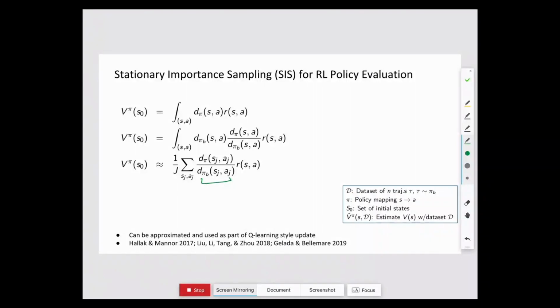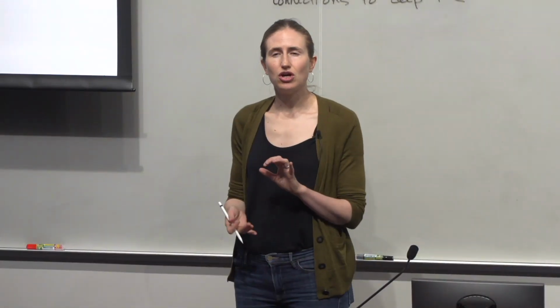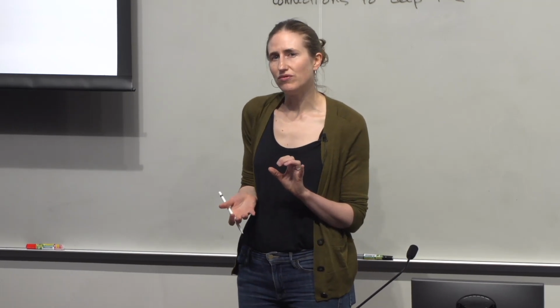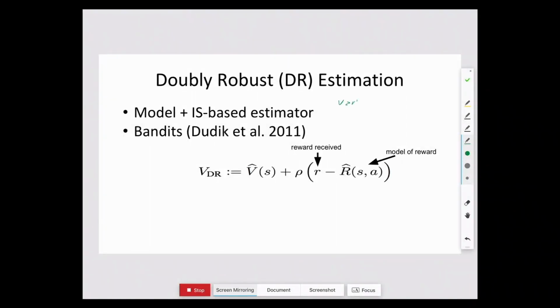So one of the other motivations for doubly robust estimators is, if we are estimating our behavior policy instead of being given it, we would like to either leverage our parametric model for the rewards if it's pretty good, or be more robust to error in the importance sampling weights. So this can help with both variance and model misspecification.